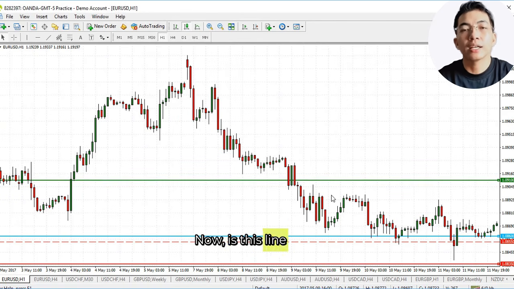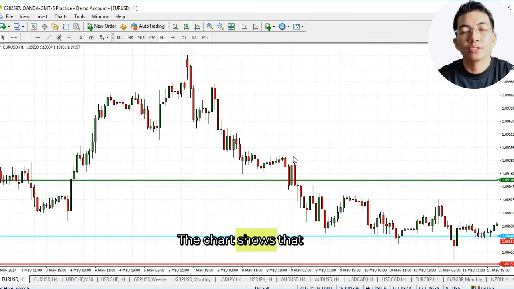Now, is this line too far from our entry level? I will say no, the price can reach this level. It was actually at that level 24 hours earlier. Is the price too close to the entry level? I will say yes this time.